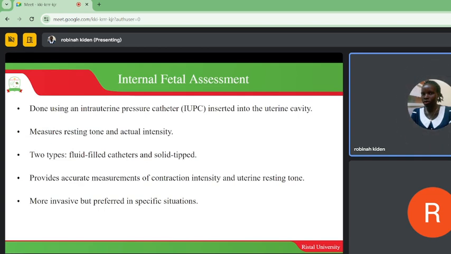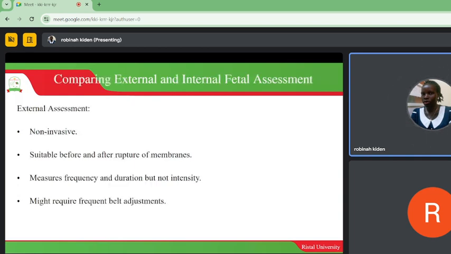But if things become worse, then we can use the internal fetal assessments, which involve invasions, meaning the insertion of these catheters into the uterus to make sure that the contractions are monitored and how intense they are. All this can be monitored.